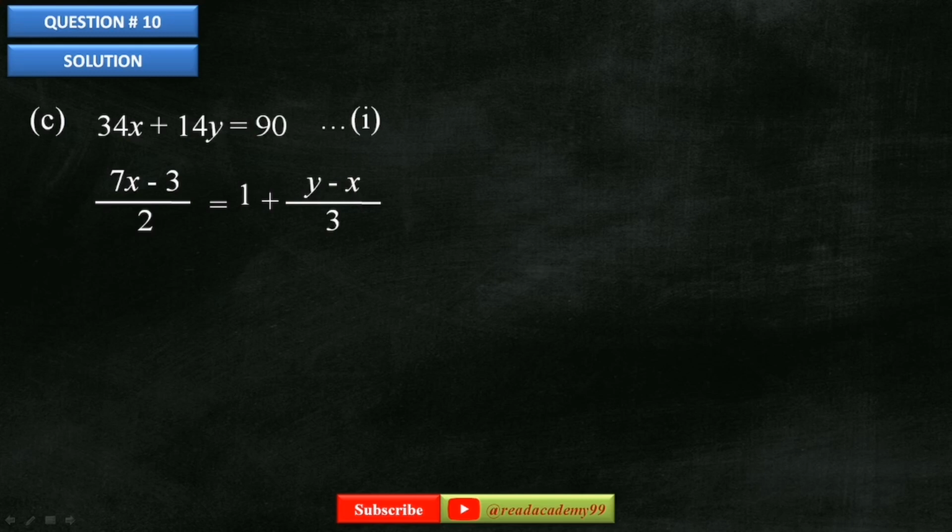Now let's look at the second equation, which is (7x minus 3) over 2 equals 1 plus (y minus x) over 3. Same thing here. I'm going to take the LCM of 2, 1, and 3, which is 6. And I'm going to multiply 6 on both sides.